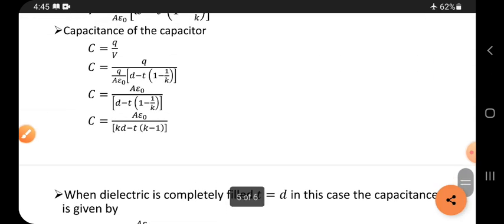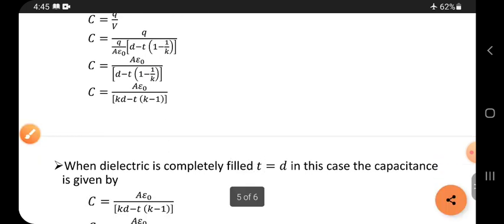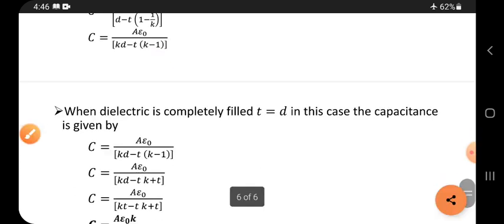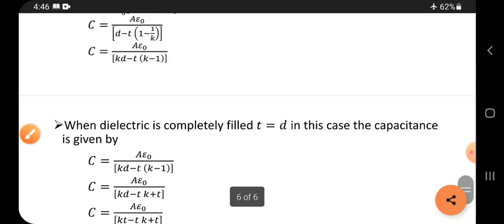Friends, sorry for this, K terms will come here and here also. Don't forget, K terms will come here and here also. At the final I have written it, but I didn't write it here, so please remember this.